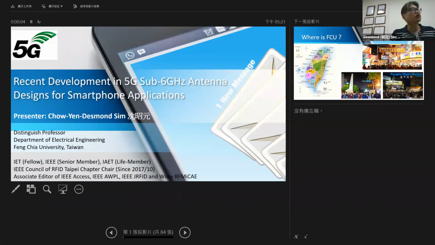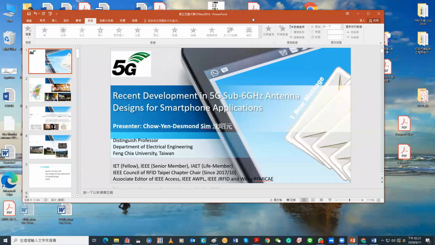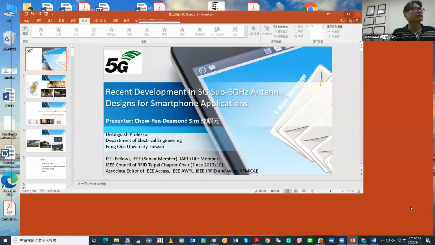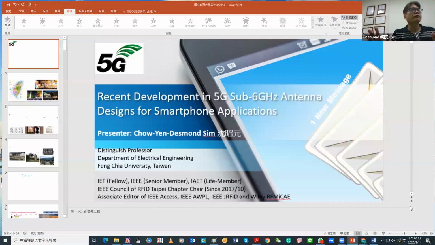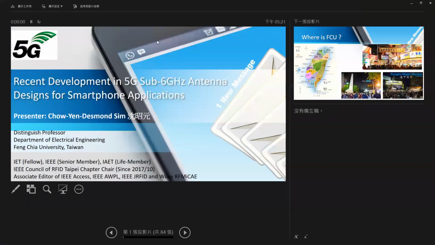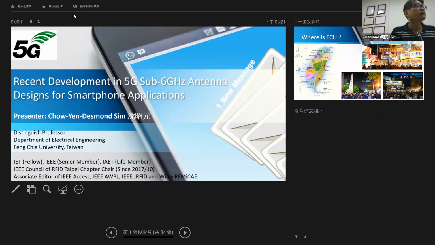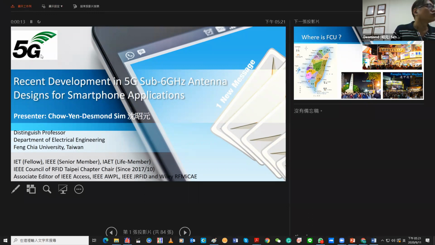Can you see the full screen or partial of the screen? It's showing partial screen, not full. I've got two screens, so I have to switch to the one on my right.